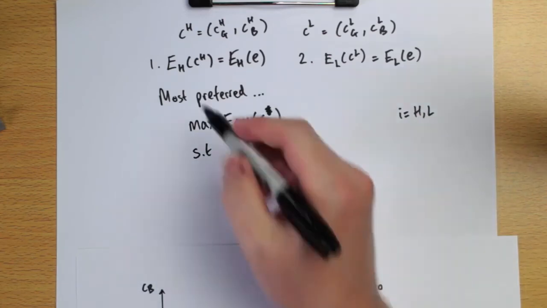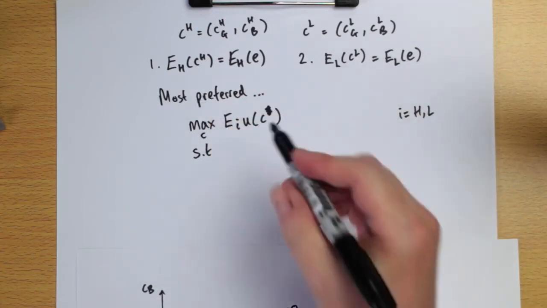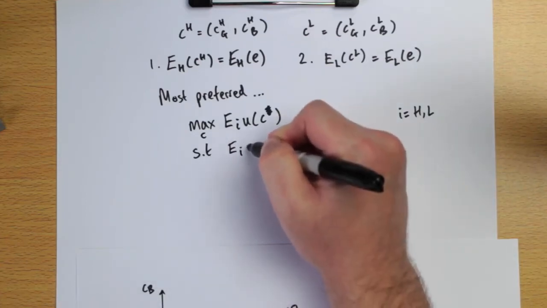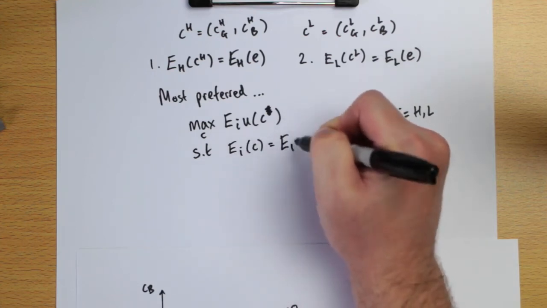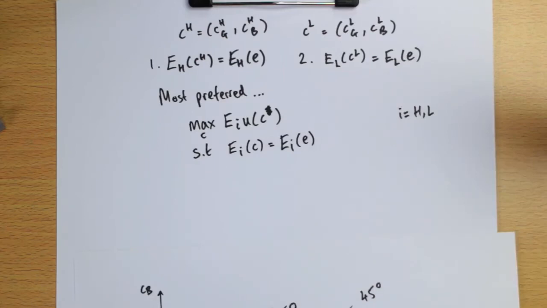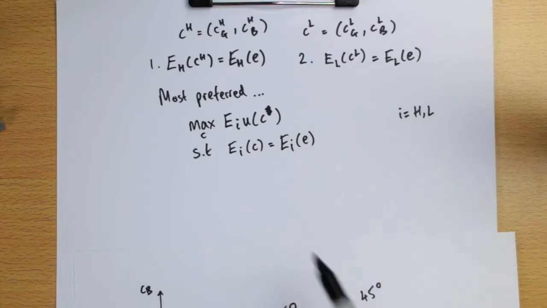So I'm choosing a contract, I'm choosing C to maximize the expected utility of this contract subject to the condition it must earn zero profit. So the expected cost of the contract is equal to the expected revenue, the expected value of the endowment. Solving this problem will essentially give me the contracts.